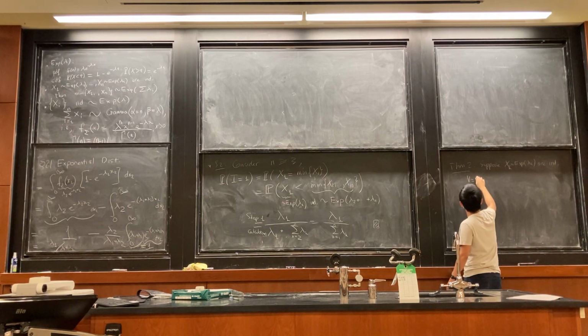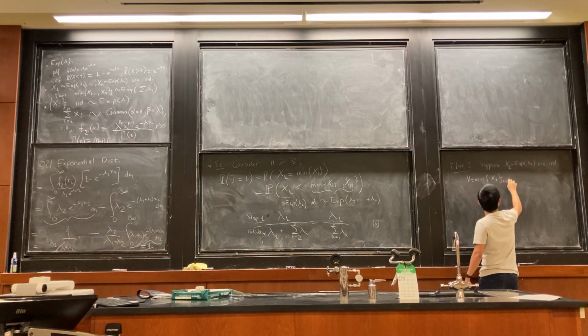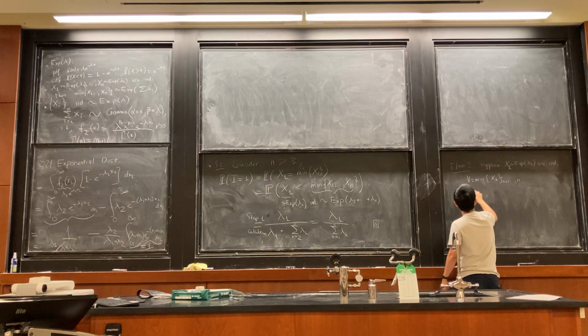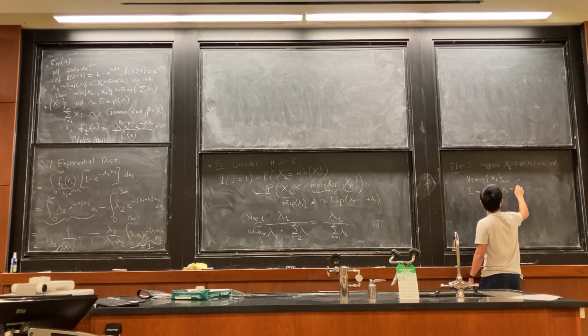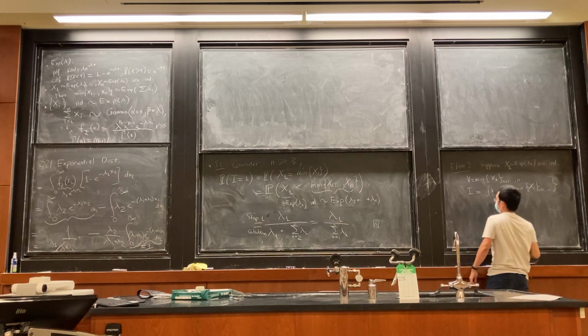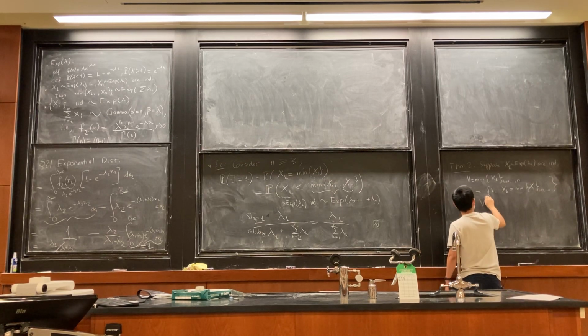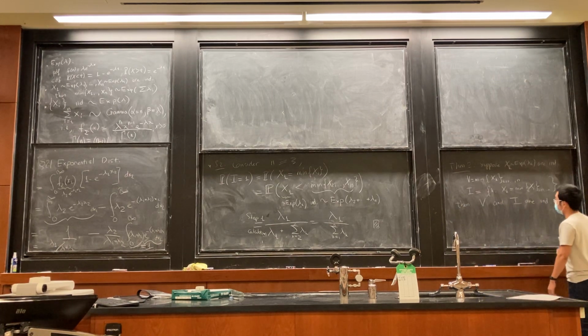Denote again by V the minimum of them, and by I the index k at which xk is the minimum of the xi. And then the conclusion is that V and I are independent. So the index of the minimum and the minimum itself are independent.